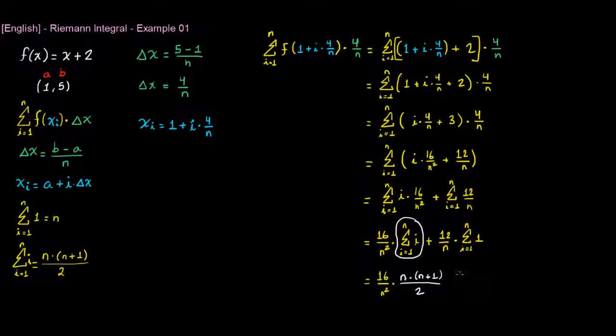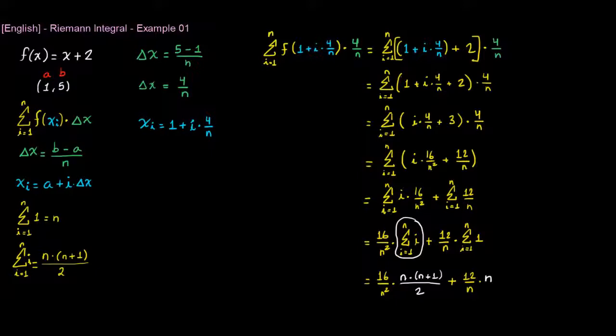Now plus 12 over n times the summation of 1, which will be equal to n. There it is. Now we can work with this.